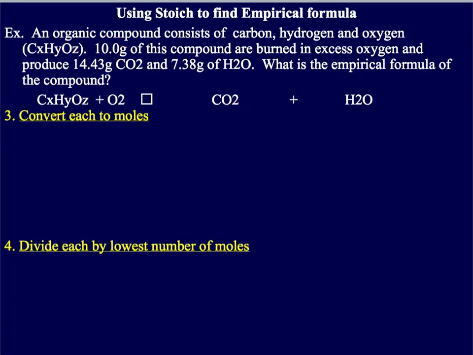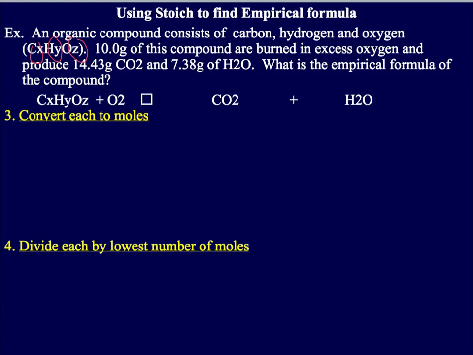Okay, so we figured out the mass of carbon, the mass of hydrogen, and the mass of oxygen. So this is just exactly what we've done before. We're in familiar territory. Remember the three-step problem we had before for empirical formula? First step was to convert grams to moles, then divide each by the least number of moles, and then round is the final step.